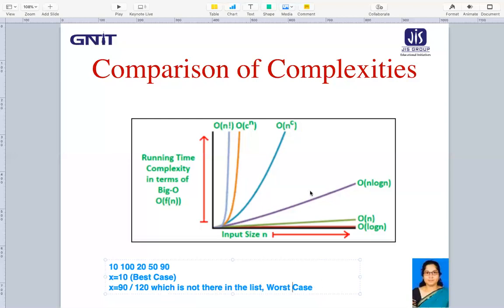So this is the best case, and you represent it by omega, because it is the lower bound, because your complexity cannot go below this. It is the minimum time that will be taken for doing this. So this is the lower bound.